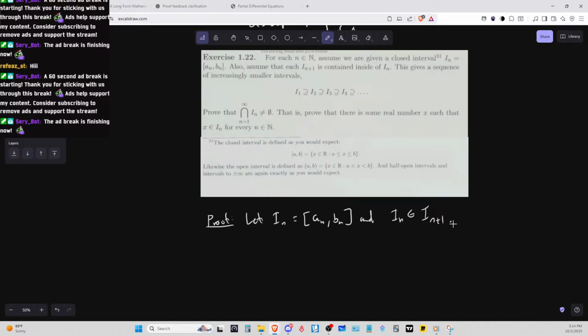Okay, the closed interval is defined. So we should probably write that down. I guess we'll write it over here. I'm trying to make sure that I don't get it cut off from the chat on the side.